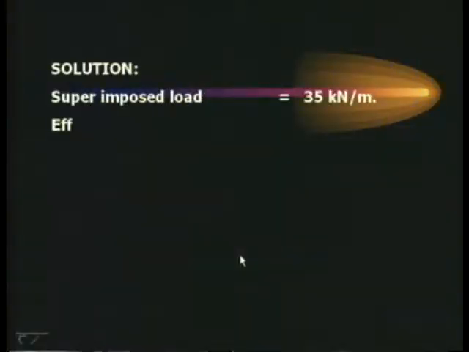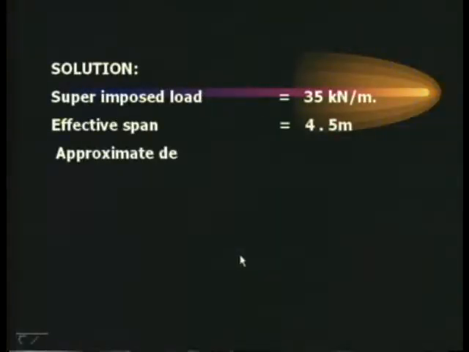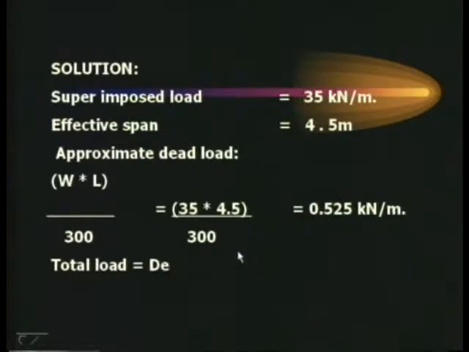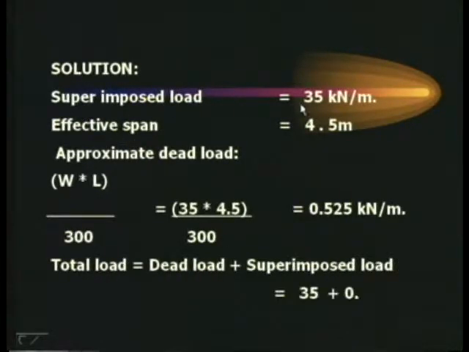And now we are here to calculate the total load which is coming onto the section. Now the superimposed load is given to be 35 kilonewtons per meter on an effective span of 4.5 meters. Now any member you choose will have its own self weight, right? And that self weight is WL by 300.